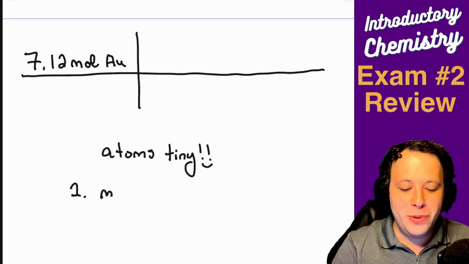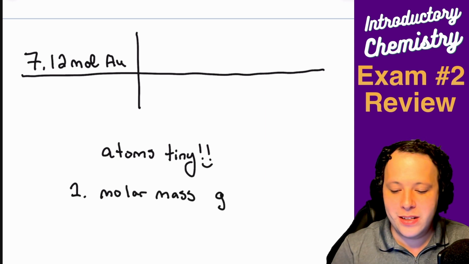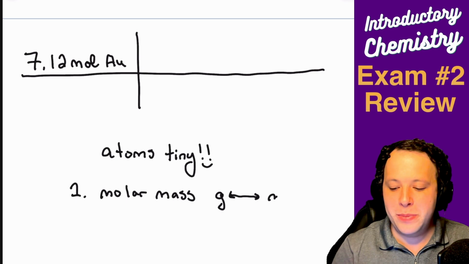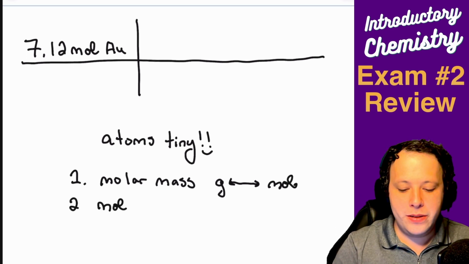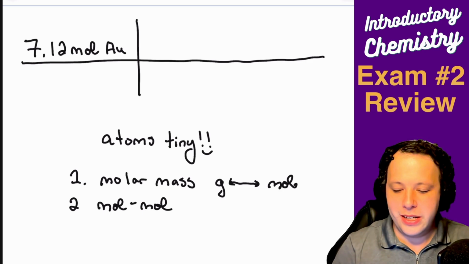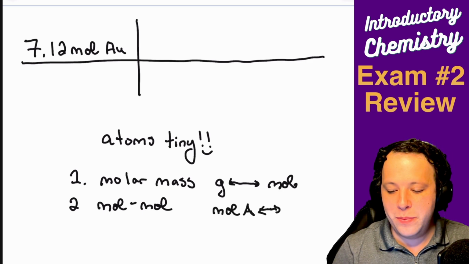When we do molar conversions, we have a few options. We have molar mass, which goes between grams and moles. We have the mole to mole ratio, which goes from moles of A to moles of B, whatever those two things are.